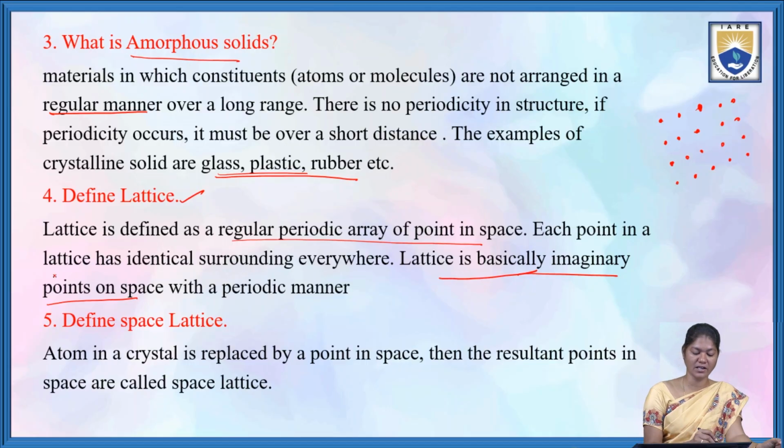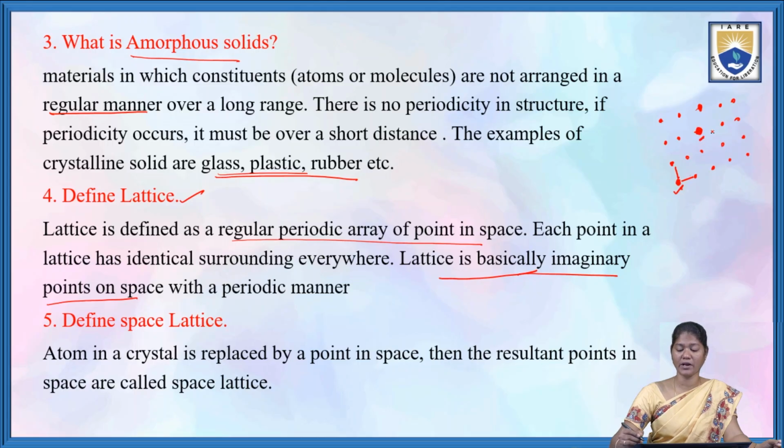Each point in a lattice has identical surroundings everywhere. So if we take this point, this point is identical to the surroundings.